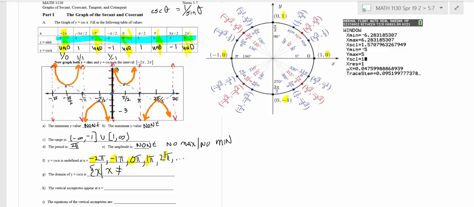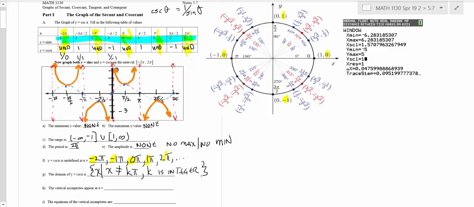What's the name for those kind of numbers? Integers, right? Okay. So what we say is x is not equal to, and I usually use k pi. It doesn't matter what you use. That's just a variable. And then you say k is an integer.